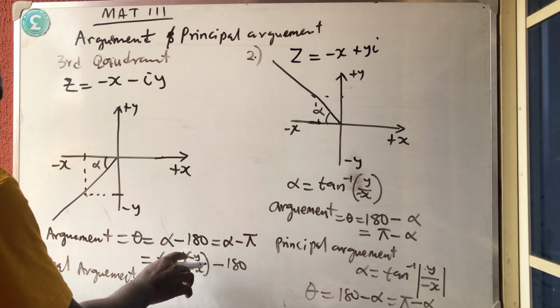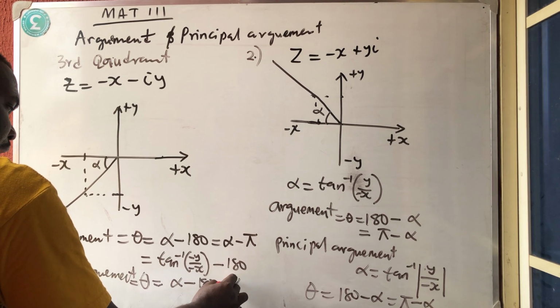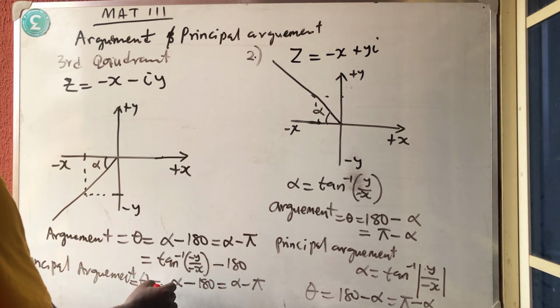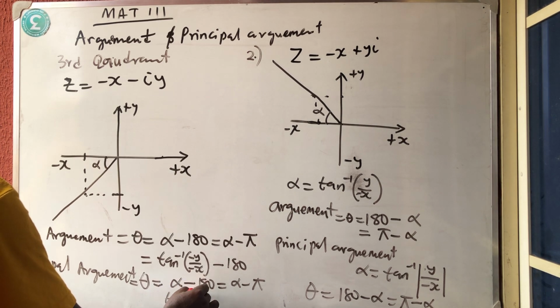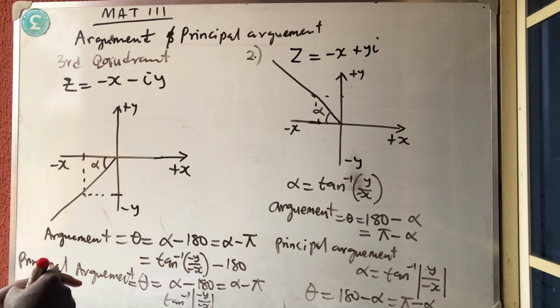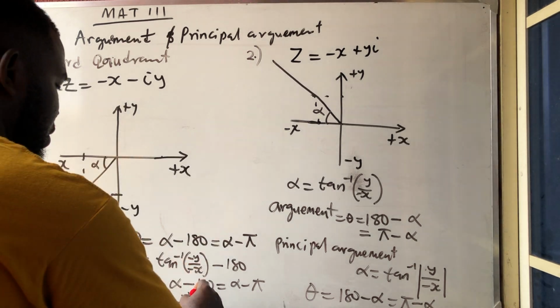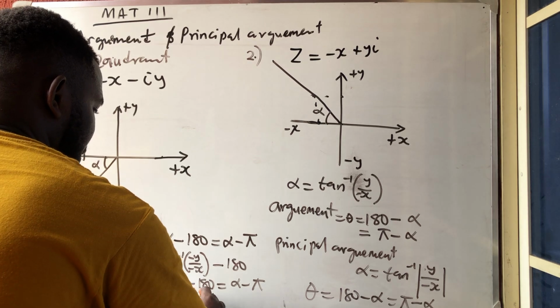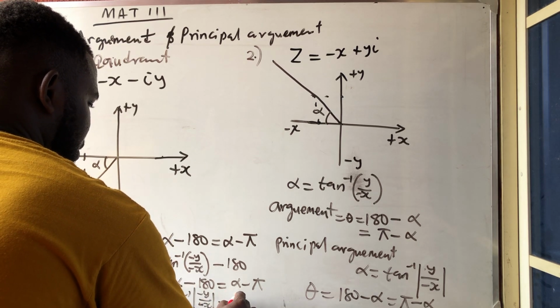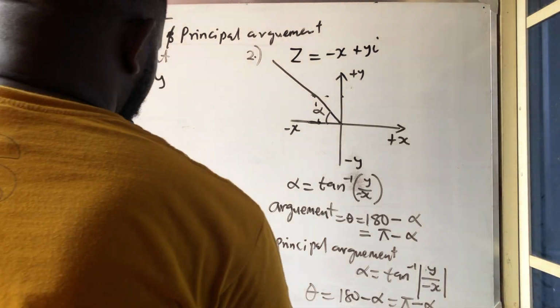How do you get it now? The same method, alpha minus 180, which is alpha minus pi. But to get alpha here is now the tan inverse of the absolute value of minus y over minus x. In this one you are seeing that it will be the same thing here because the minus has already cancelled. So the absolute value of minus y over minus x, then minus your 180, or minus your pi. Okay, that is for the third quadrant.